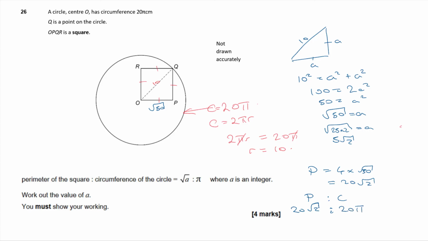Now notice they both have a 20 in them, which is handy, it cancels. So that leaves me with root 2 to pi as my final ratio. So A is 2. Basically comparing what I've got here with this up here, look. So A must be 2.